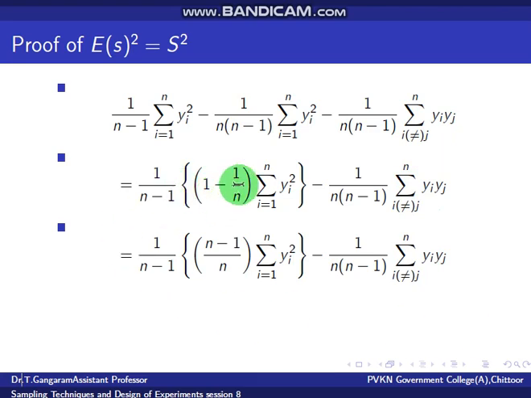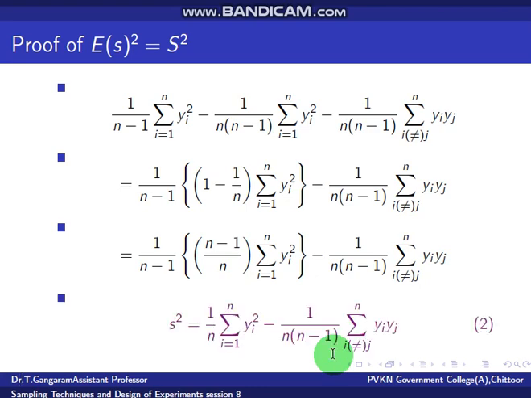Here we can write this as n minus 1 by n, so n minus 1 gets cancelled and 1 by n remains. This is the first term: 1 by n summation i is equal to 1 to n yi square minus 1 by n into n minus 1 summation i not equal to j to n yi yj. Consider this as equation 2.